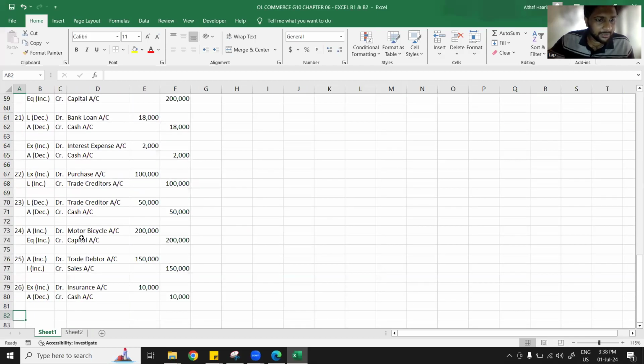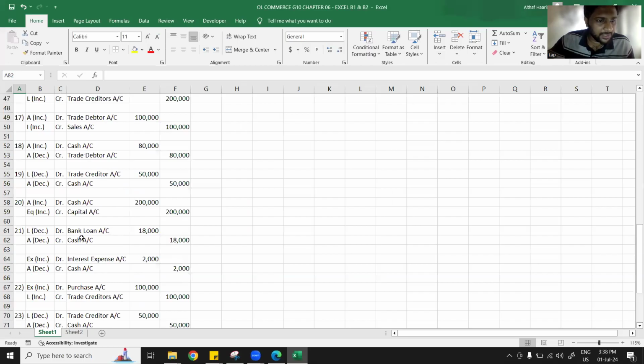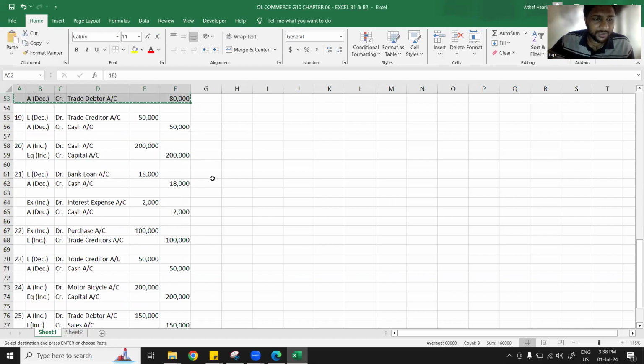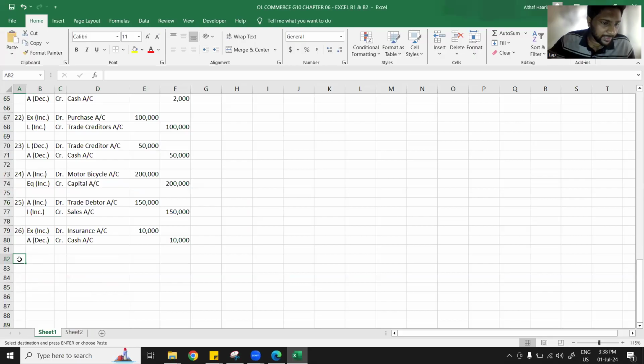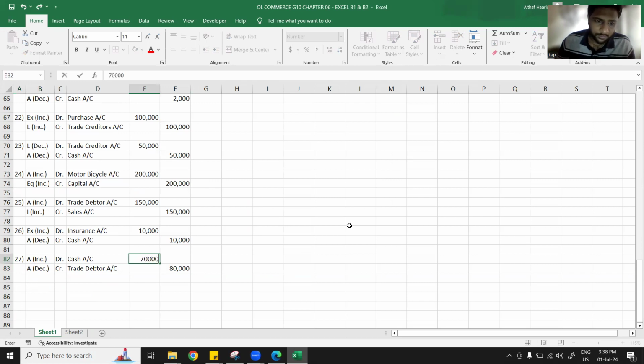I think there is a similar transaction I did previously. Here, transaction number 18 is the same as that. 18 is the same as 27, no difference.